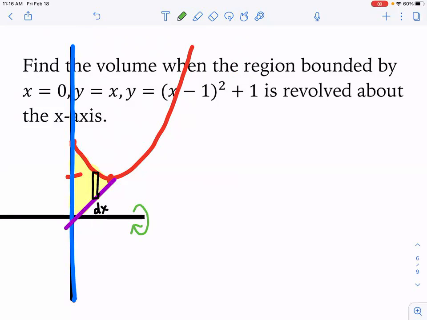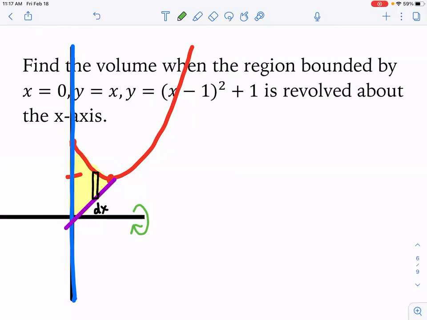Now, if we take this whole picture, this right here would create a disc, but these are gonna create kind of a bundt cake, but pointy.